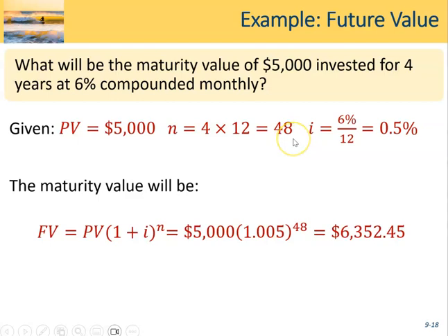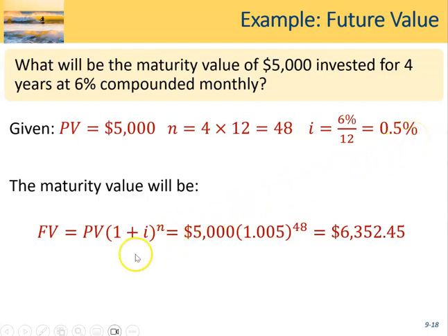So in total, over the life of the investment, the number of compounding periods is going to be 48. i is the interest rate per compounding period. So it's your annual interest rate, which is your 6%, divided by 12, which is your number of compounding periods in a year. That gives you 0.5%.